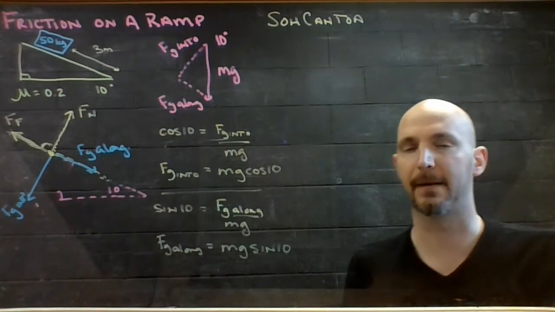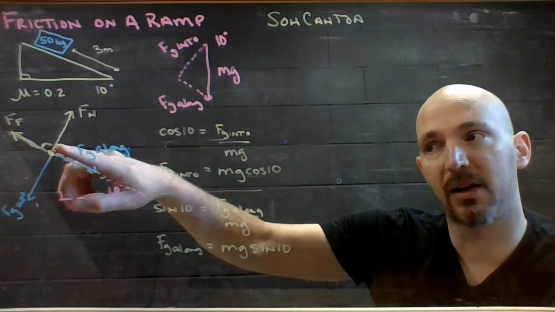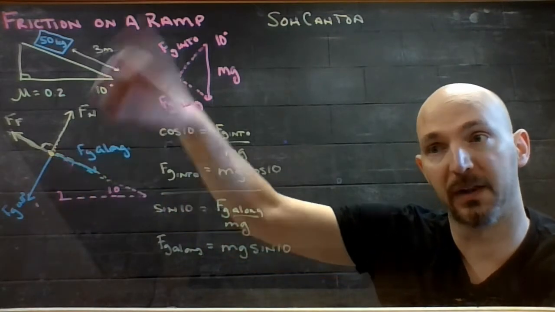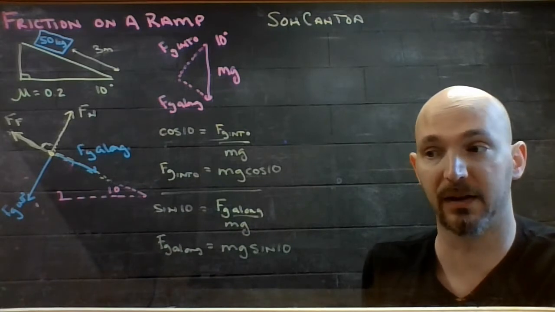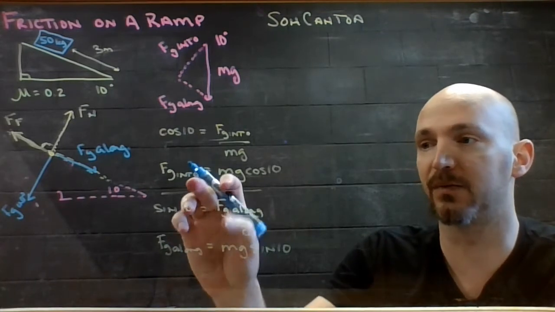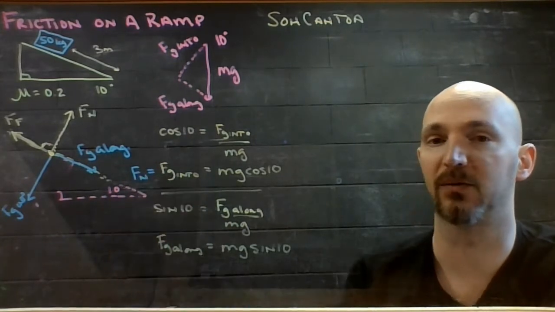Now if I look at this arrangement, because the block isn't falling into the wedge or being popped off of the wedge, this force and this force have to balance each other exactly. So my into force is also the same size as my normal.